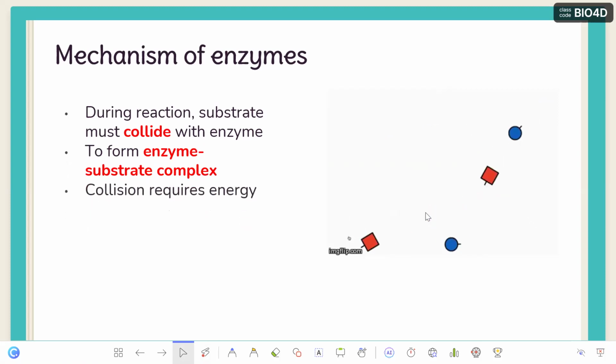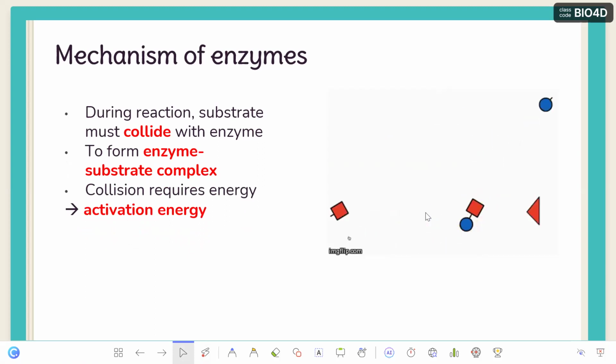Now this collision, for them to move around and to join together, again requires energy. And the energy is what we call activation energy. Another concept that you need to digest. There are a lot of concepts in this. So the enzyme needs to collide. Why does it need to collide? Because it wants to speed up the reaction.